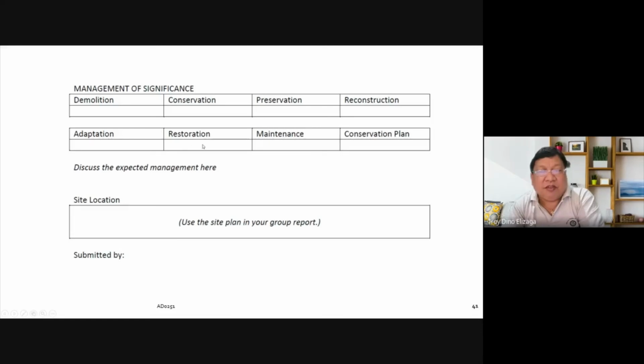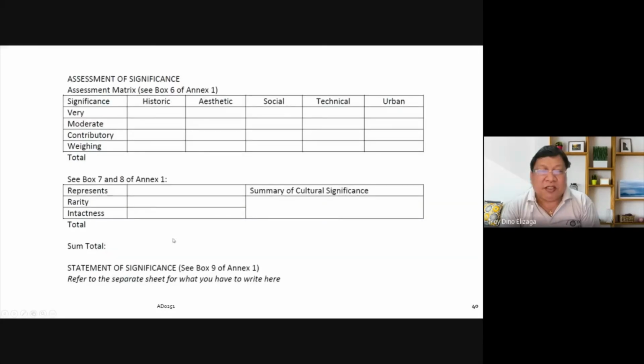For example, you can conserve and maintain, reconstruct, and adapt on like a conservation plan. But this is part of our lectures, a future lecture, I think, in the last part. And then discuss the expected management here, then site location, then submitted by. Now, when we go back to this, it becomes very difficult to put a score.